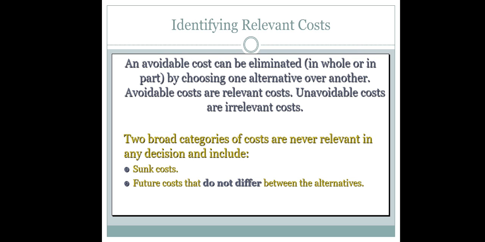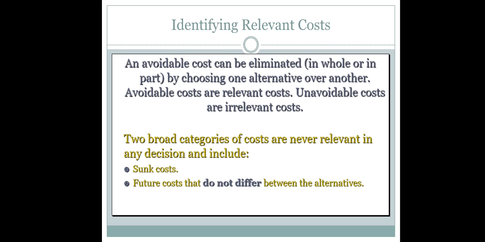Okay, irrelevant costs, there are two types. The first one is sunk cost. Sunk cost is a cost that a business has paid in the past and will not change when the business wants to make a decision in the future. The example is like this.